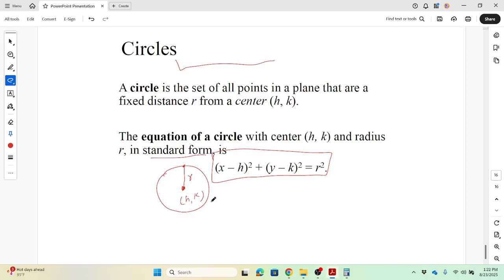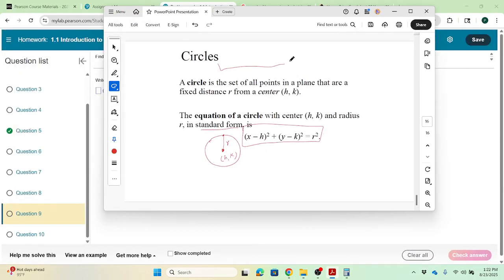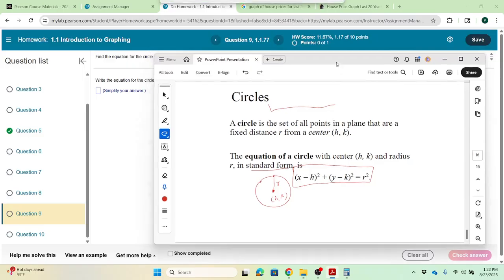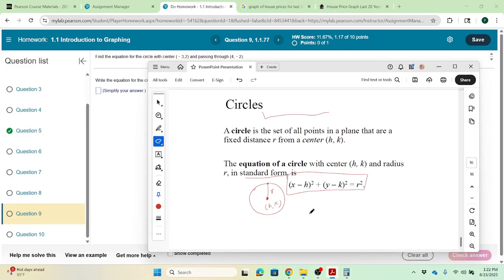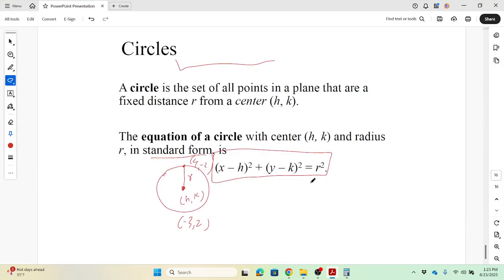So we have the center, negative 3 comma 2. That's the center. And one of the points on this circle is 4 comma negative 2. Now our goal is to find the equation of the circle.